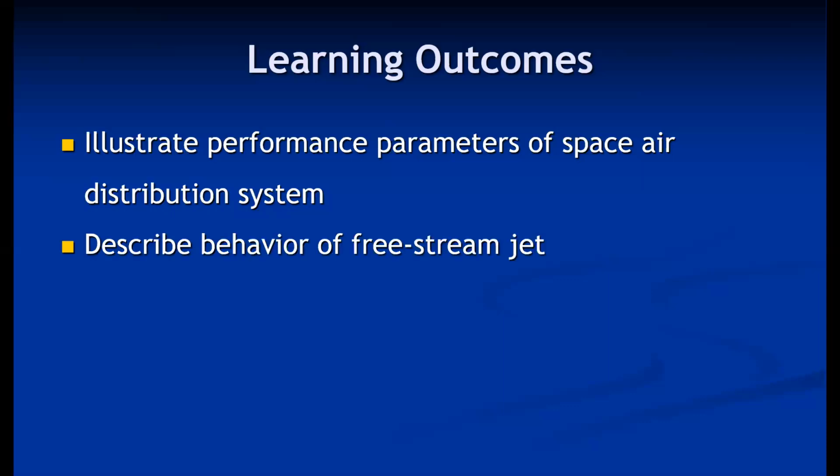Secondly, you should be able to describe the behavior of a free stream jet with the help of some parameters like blow or throw, drop, entrainment ratio, and spread. These are the parameters which are generally observed while studying the behavior of a free jet stream.